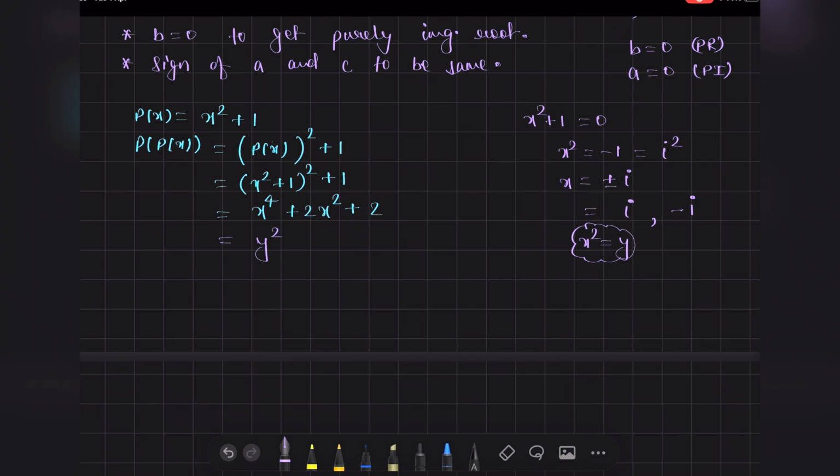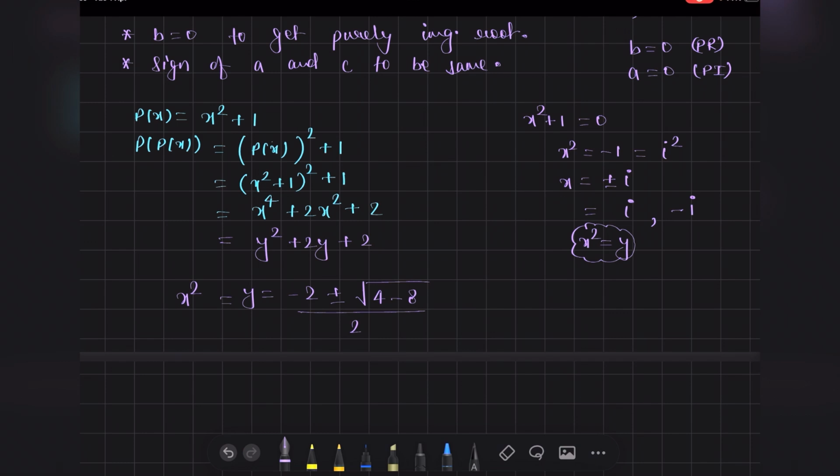So it is y square plus 2y plus 2. If you find the value of y, you will get minus 2 plus minus root of b square minus 4ac by 2. Now who is y? y is x square. Now you have to take the root of this thing also.